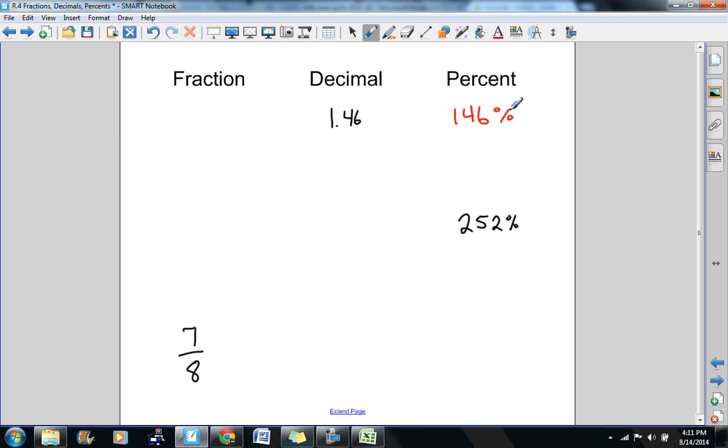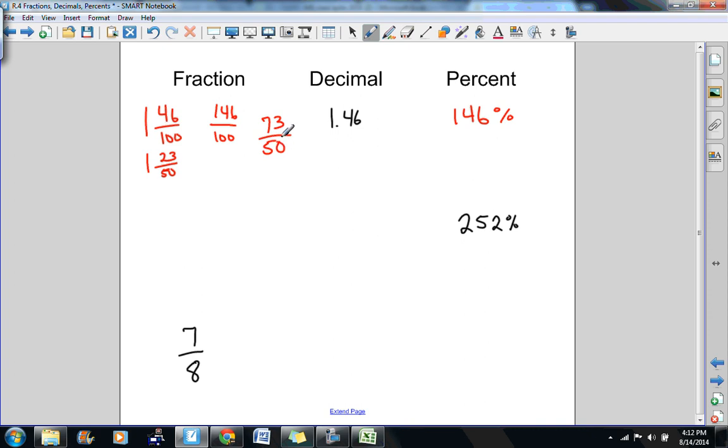There's 2 ways you could write this. You could write this as 1 and 46 100ths, or you could write this as 146 over 100. Both are acceptable. You would then simplify either, or this would be 73 over 50.